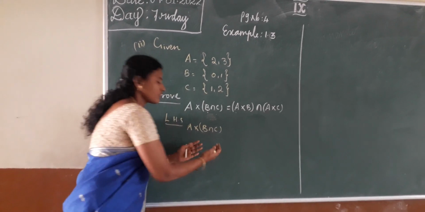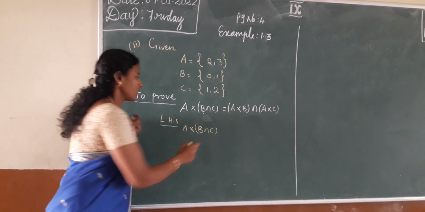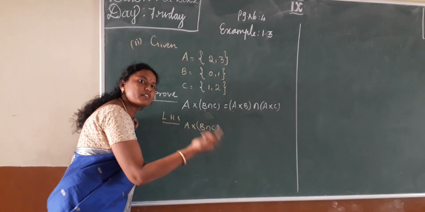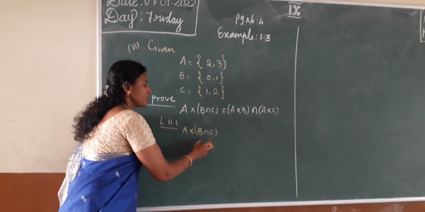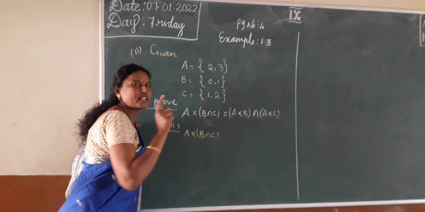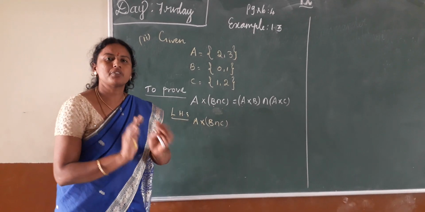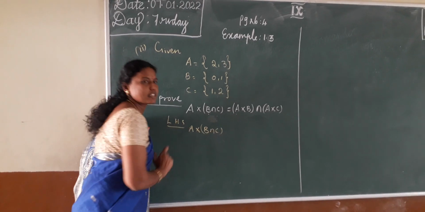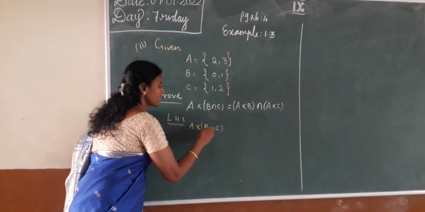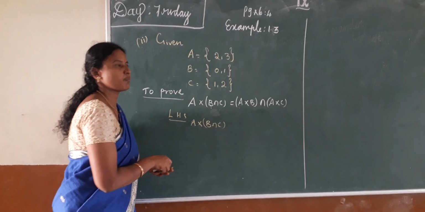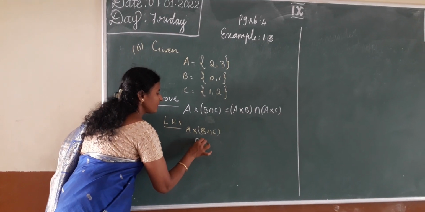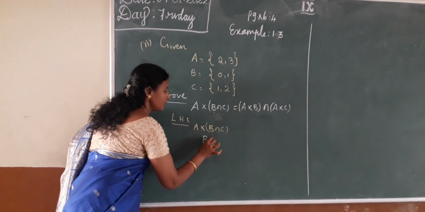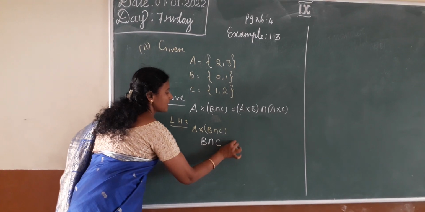Which one do we have to prove first? The bracket inside. We already studied BODMAS. The function inside the bracket we have to prove first. What is the function? B ∩ C. So first we have to take and prove B ∩ C.